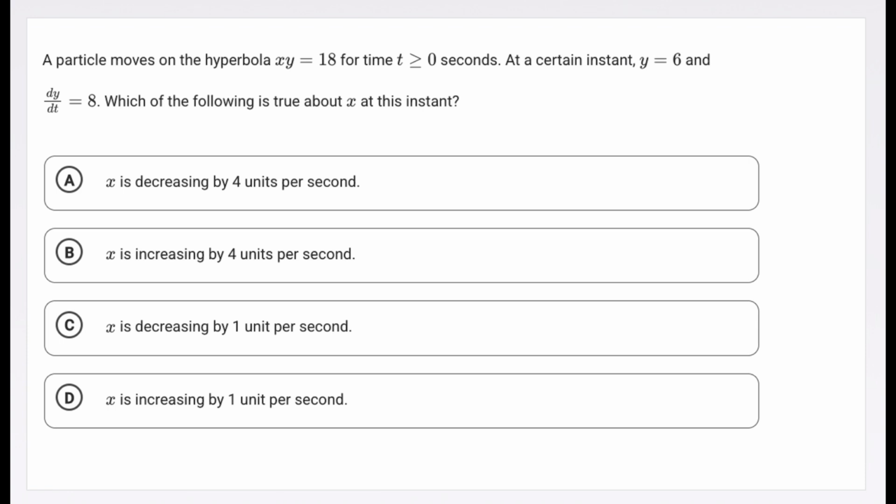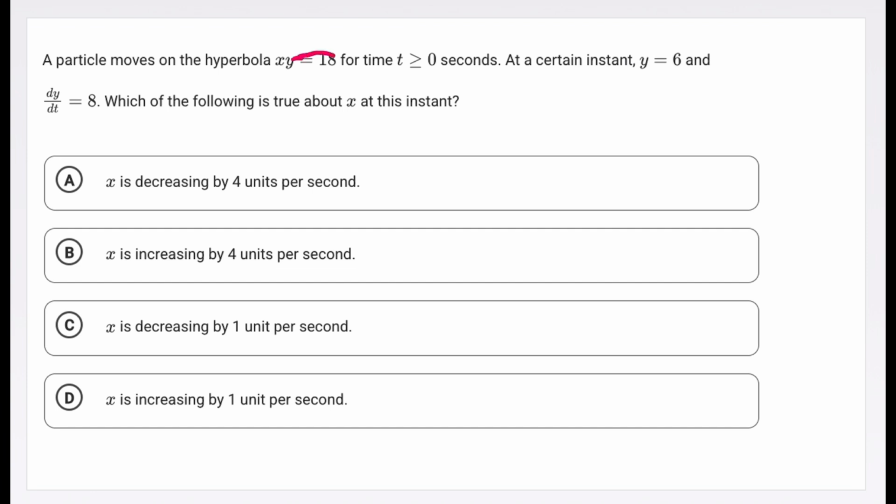At a certain instant, when y equals 6 and dy dt equals 8, which of the following is true about x in this instant? So you can see that we've taken the derivative with respect to time, with respect to t. So I'm going to go ahead and actually take the derivative of this function.